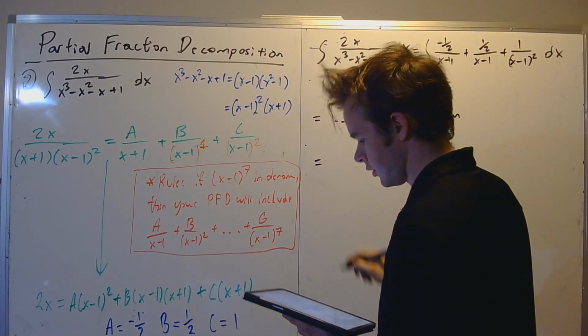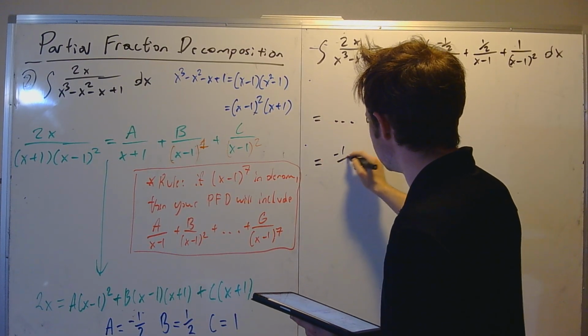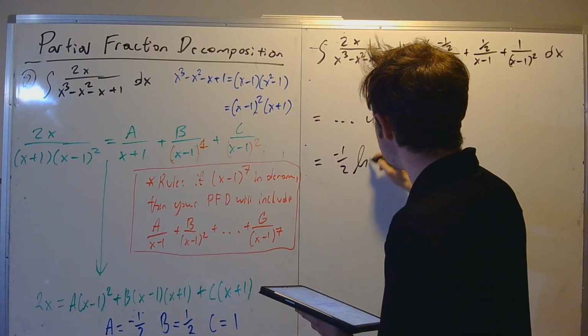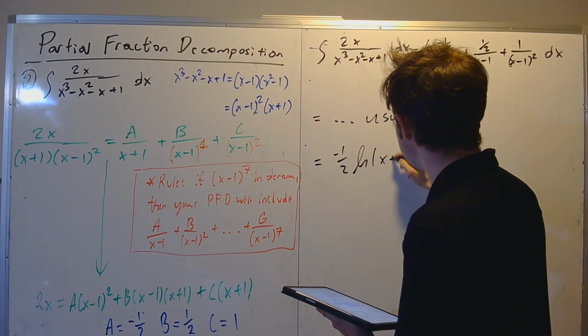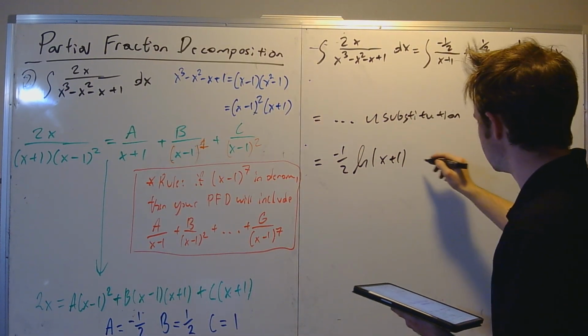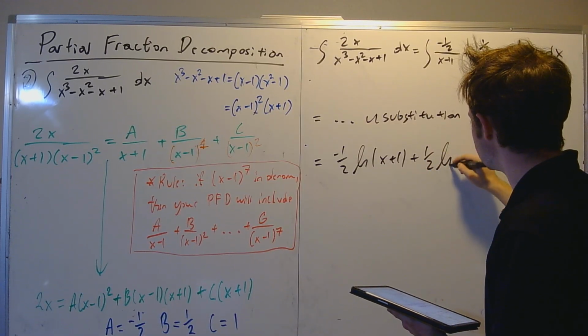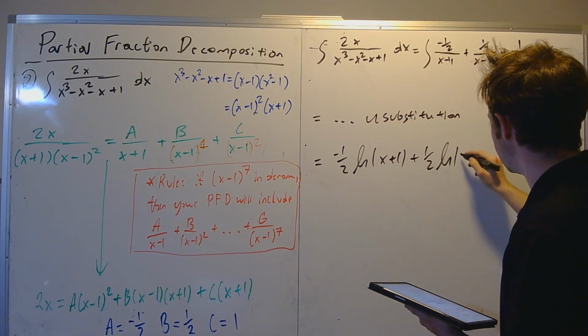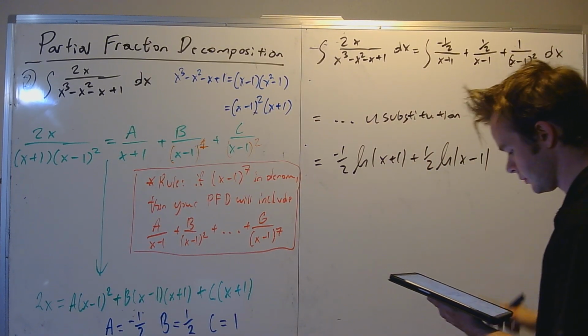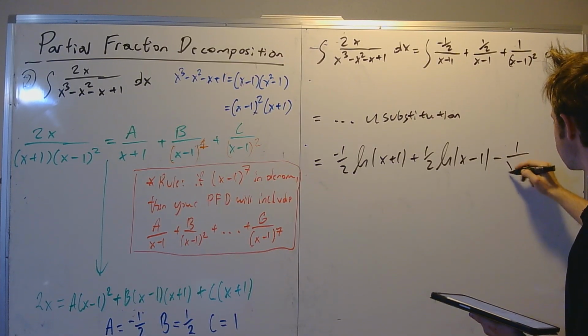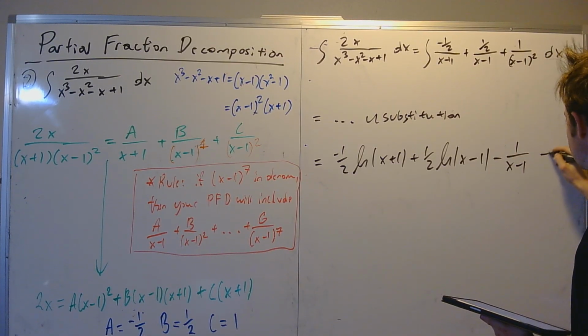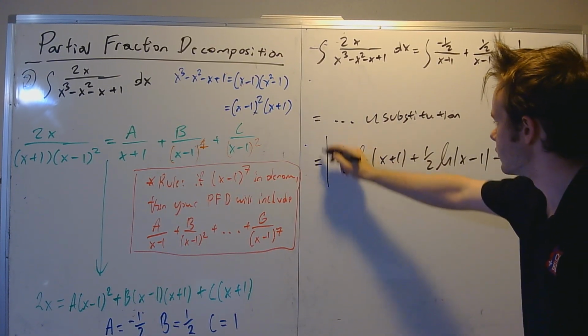So do your u substitution, and your answer is going to end up being 1/2 natural log of the absolute value of x plus 1 plus 1/2 natural log of the absolute value of x minus 1 minus 1 over x minus 1 plus c. And this is our answer here.